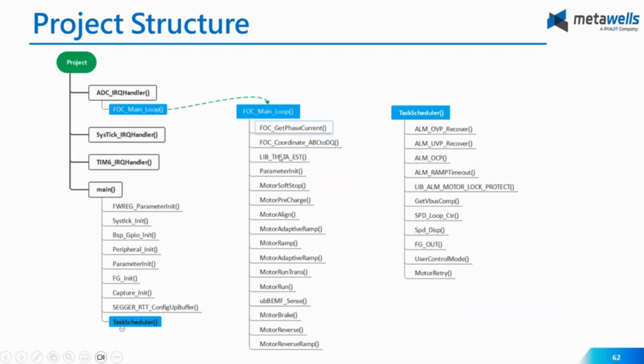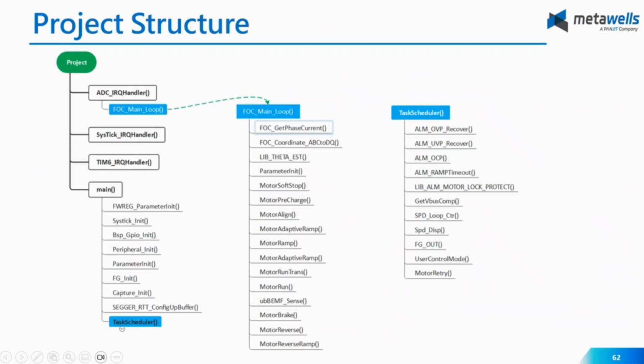So you can see this FOC main loop. We just mentioned some phases like soft stop, pre-charge, align, ramp, adapt ramp. So all motor state machine is written here.